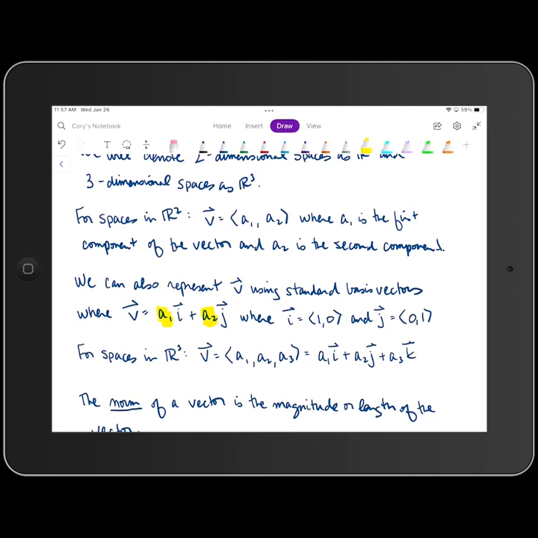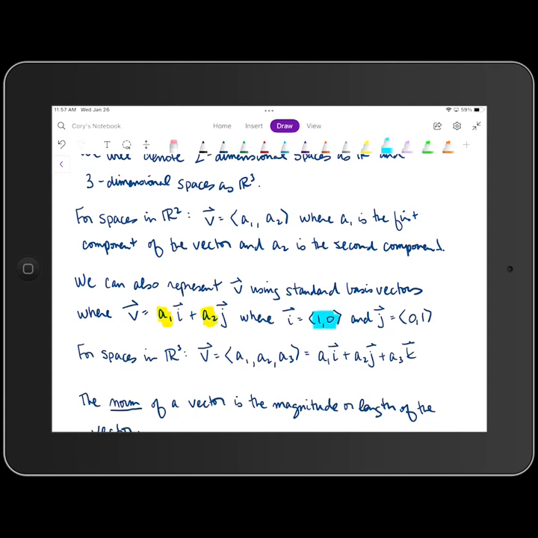And we'll talk about how you add or subtract terms of a vector. But basically what you're going to do is multiply a sub 1 times this vector i. When you multiply a scalar times a vector, you multiply that number out front times each of the components. So that transforms that vector into a vector with first component a sub 1, second component 0.